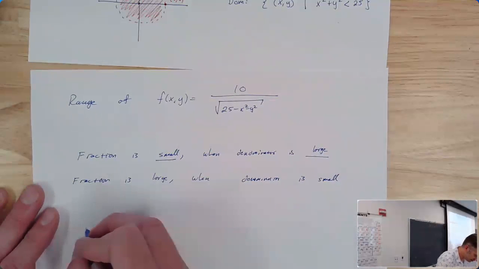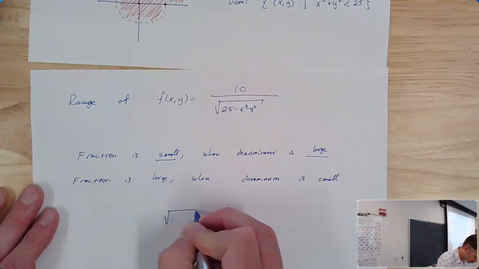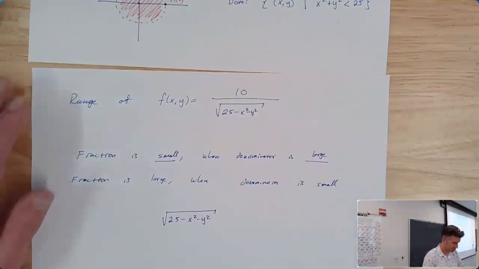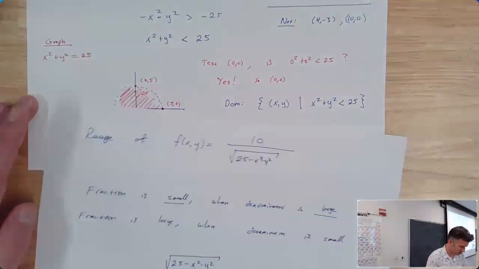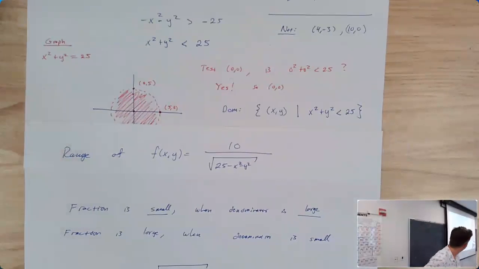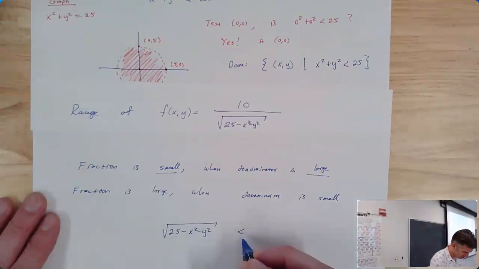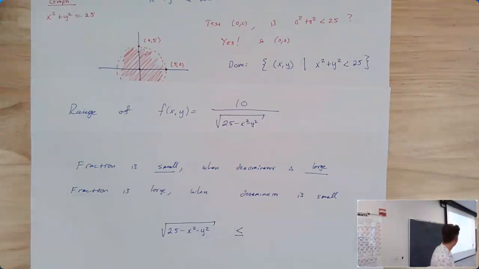So let's ask this. For values of x and y that are in our domain, what's the biggest this can be? How big can that get?